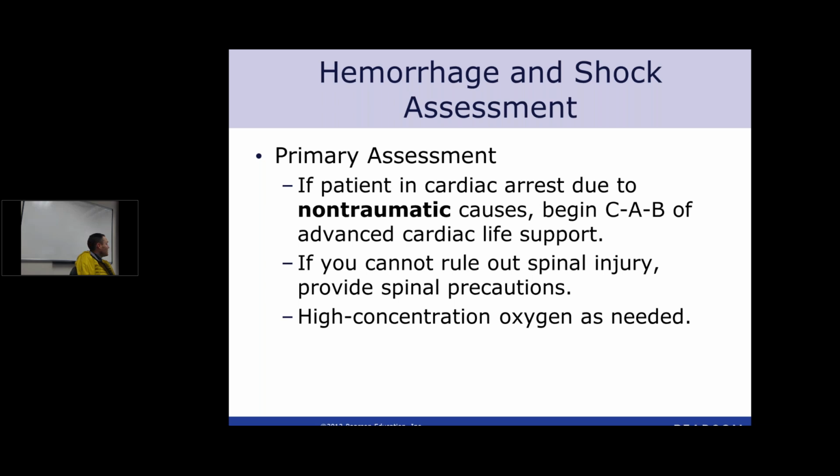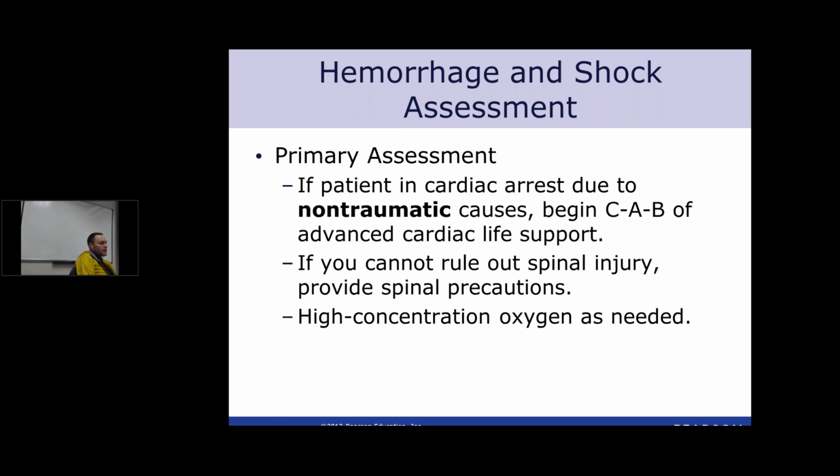Non-traumatic causes, it's more of CAB than ABC, right? Because if you've got a non-traumatic shock state, you're worried about the circulation. And there's less of a chance for an airway problem, but you'll get to that anyway.